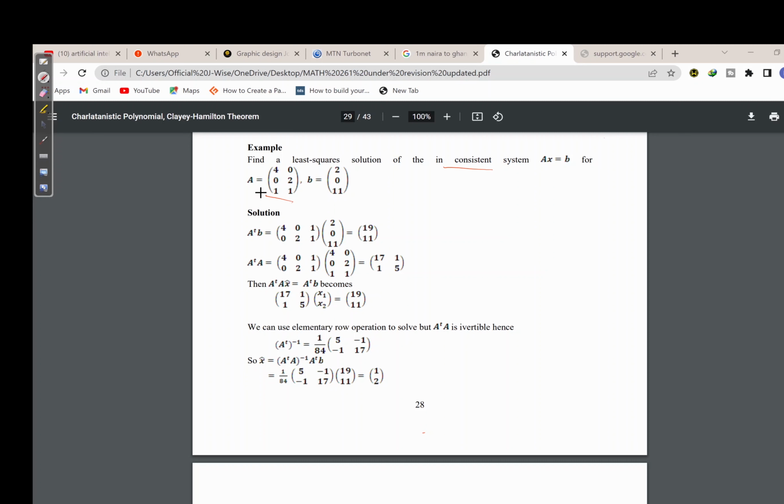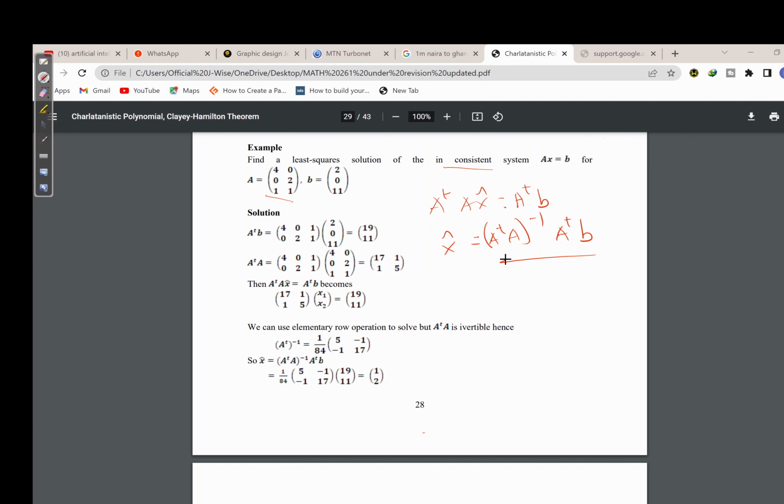To solve this, we use the formula A transpose A x hat equals A transpose b, so x hat is given by the inverse of A transpose A times A transpose b. First, we find the transpose of A.